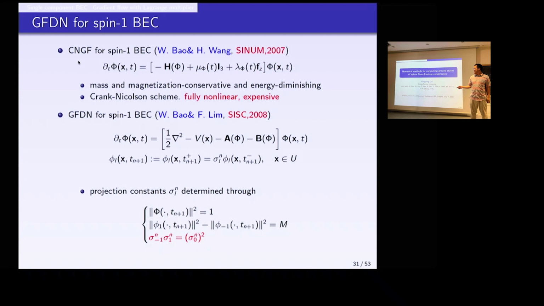And for the projection constants, we have 2 constraints but three components, so we need an additional equation. This equation can be found by viewing the projection step as a splitting of the Lagrange multiplier step. So we can determine the third equation to determine all the 3 projection constants.